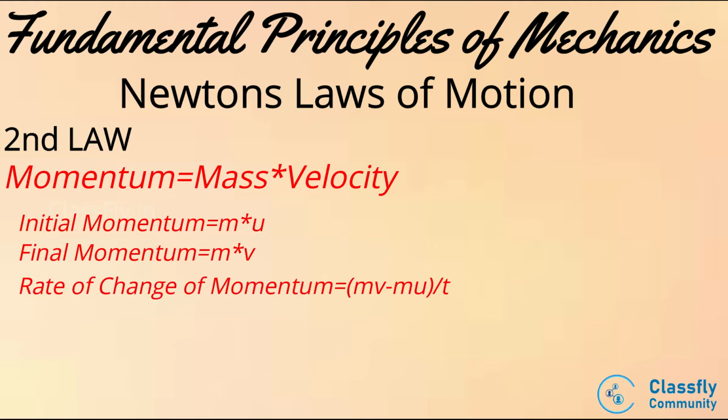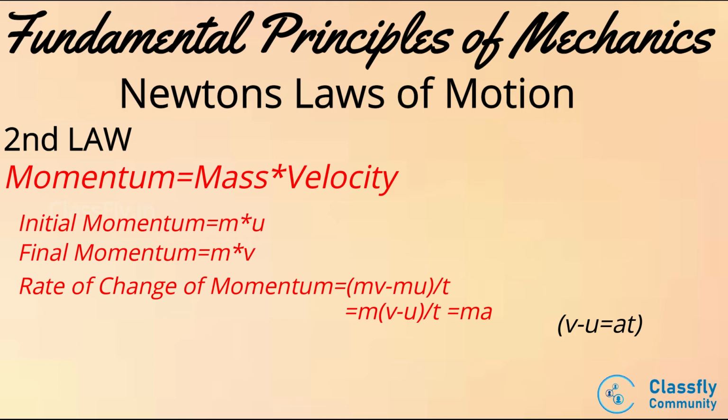Hence, the rate of change of momentum from the above equations can be given as mv minus mu divided by t. This can be written as m into (v minus u) divided by t. We know from the equations of motion that (v minus u) by t is equal to acceleration a. Hence, this can be equated to ma.